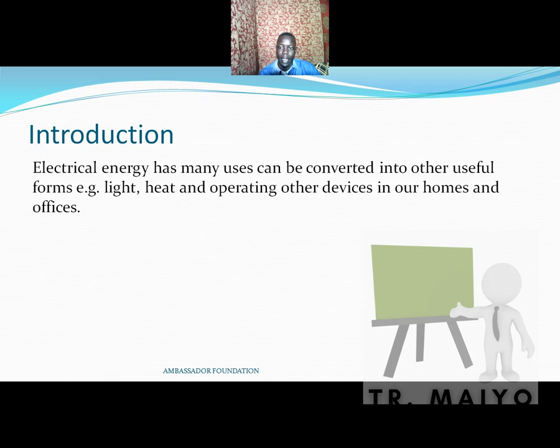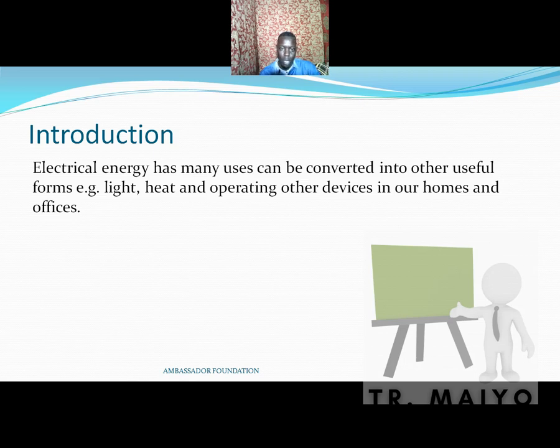So now, let's start. Electrical energy has many uses, and it can be converted into other useful forms. For example, light, heat, and operating other devices in our homes and offices. Right now, you can see me clearly because there is a light in my room.